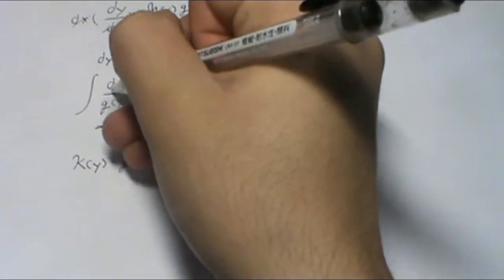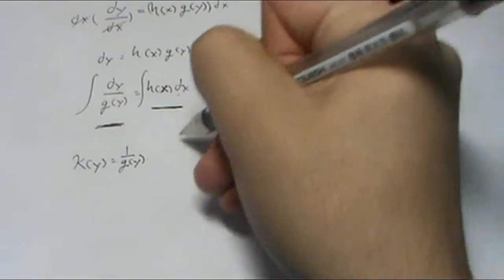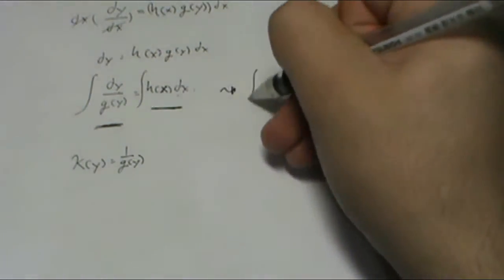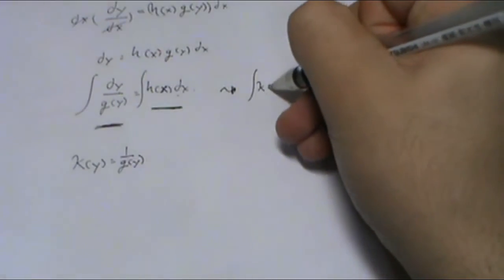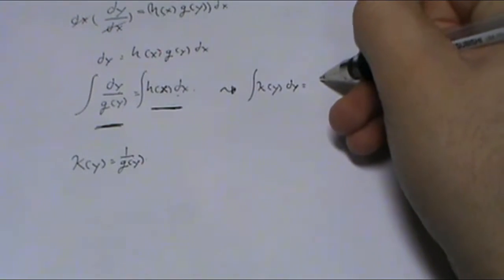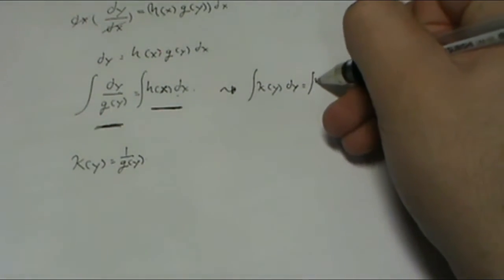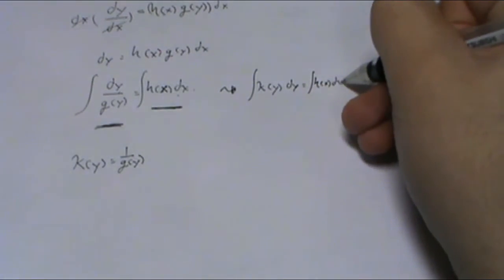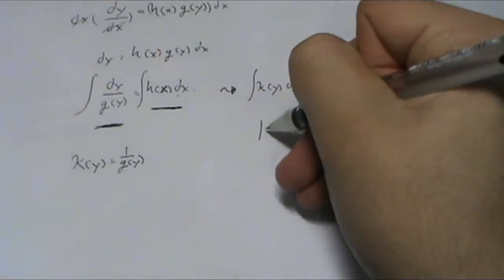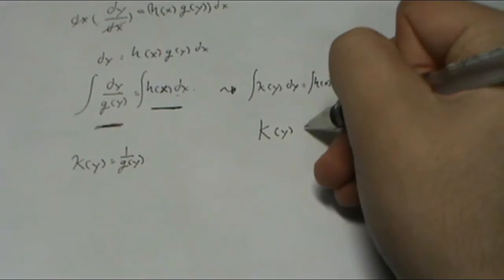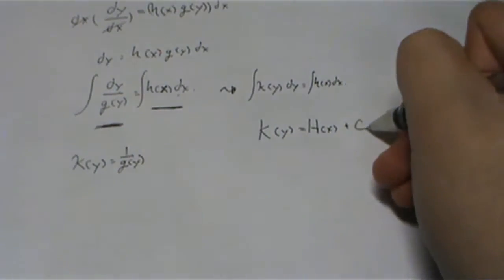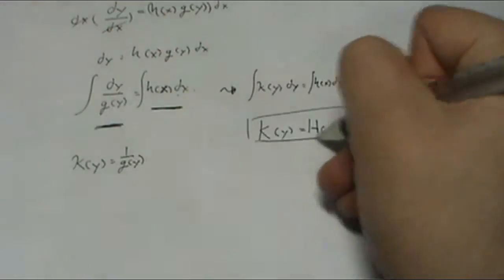Okay, so we can replace this one, and then this one will become k of y dy equal to the integral of h of x dx. And then when we integrate both sides, we will have K of y equal to H of x plus c. And this will be our answer.